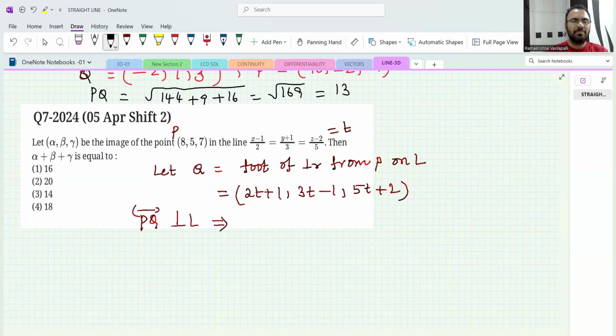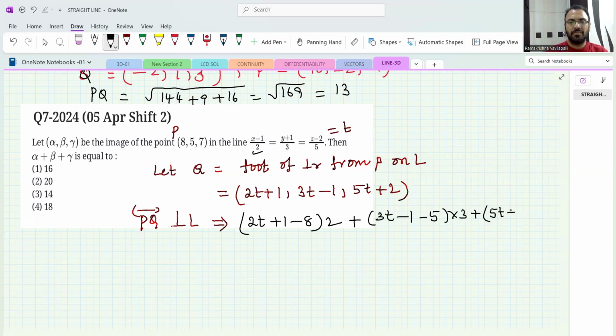So 2T plus 1 minus 8, the DRS of PQ, into 2, the DRS of the line, plus 3t minus 1 minus 5 into 3, plus 5t plus 2 minus 7 into 5 equal to 0.